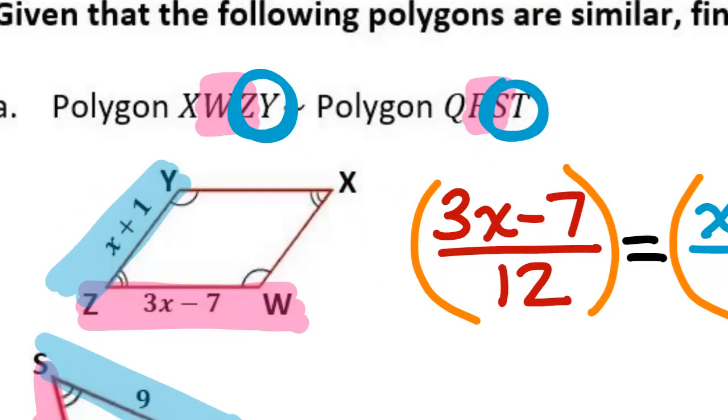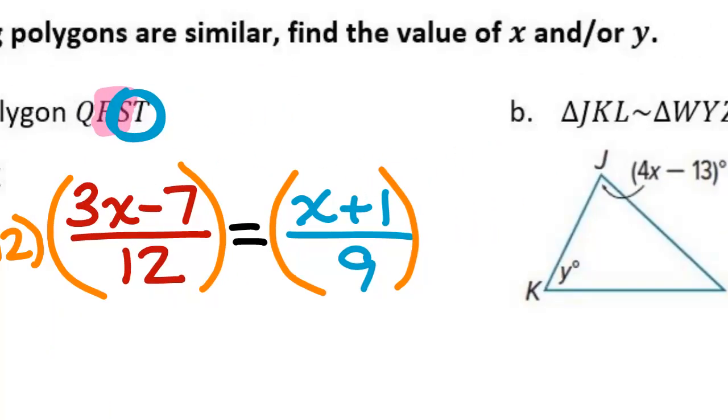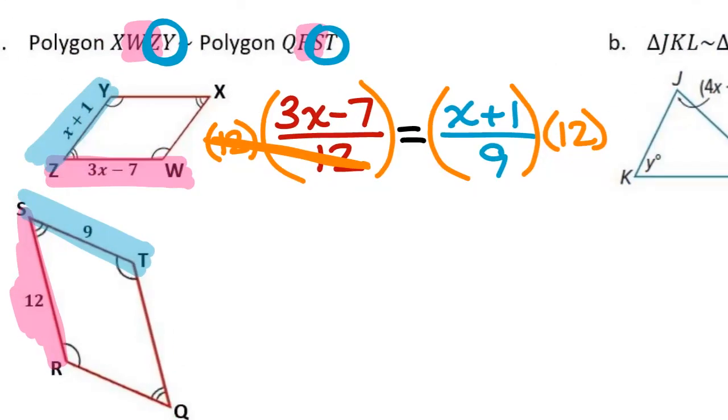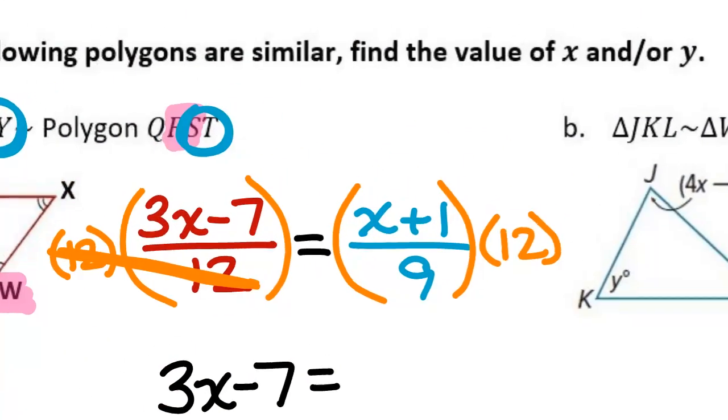Multiply. Yes, multiplication. So we're going to multiply both sides by 12. Cancels out here over on the left. So on the left, the only thing I have remaining is 3x minus 7 is equal to. The 12 only multiplies to what part of this fraction?